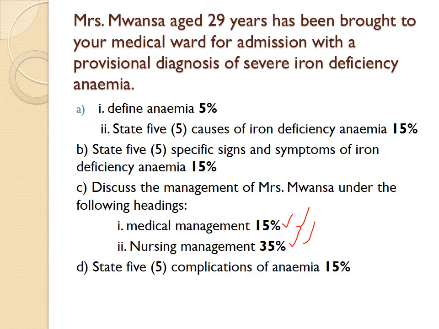After you do your history, then you do physical examination. Physical examination will be done to establish the signs of the disease, such as pallor. Then a full blood count will show a decreased number of circulating erythrocytes.